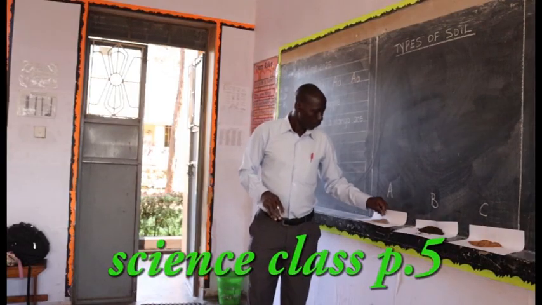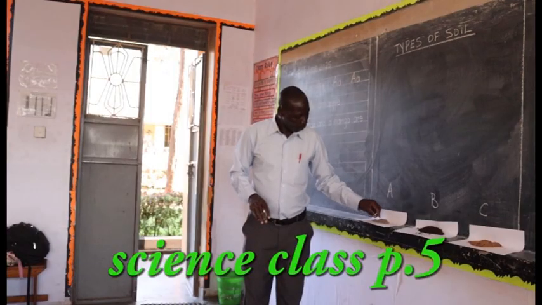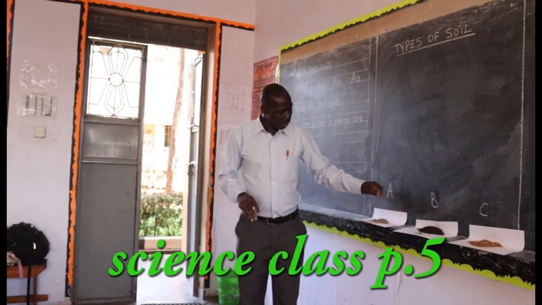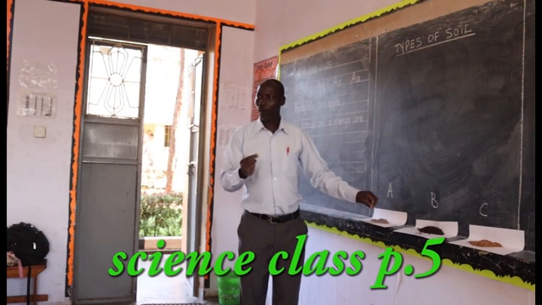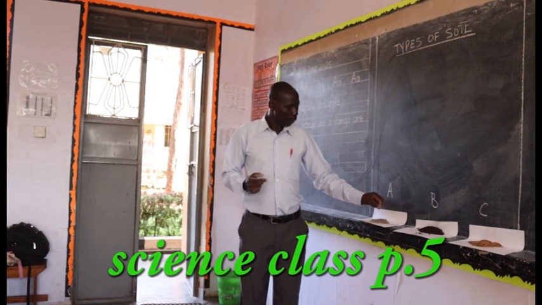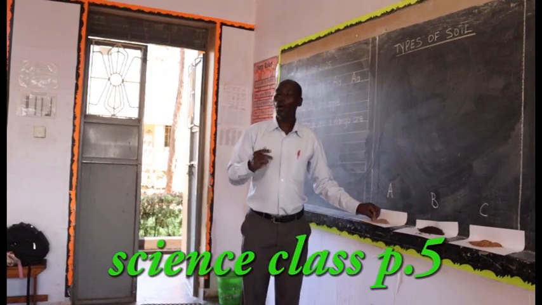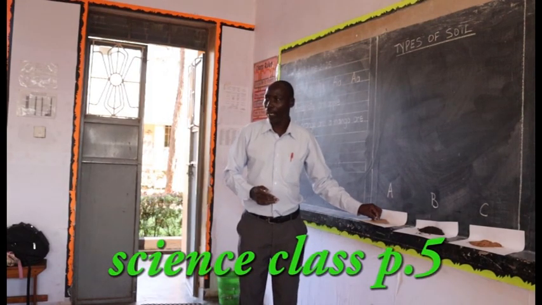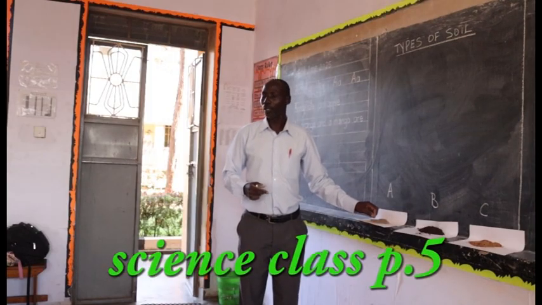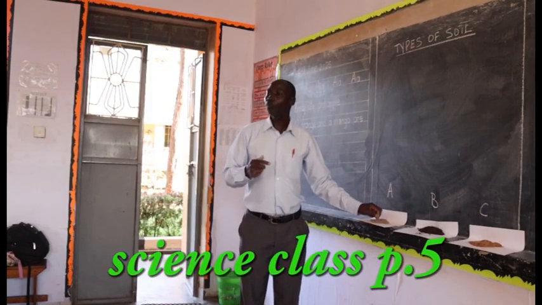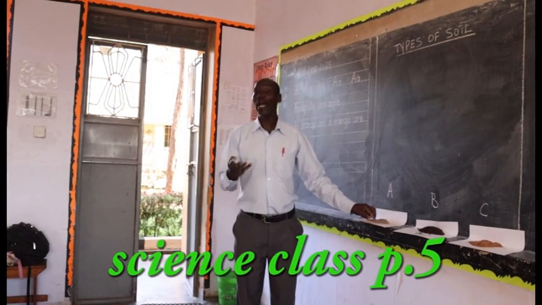Then clay soil here has got fine particles. Clay soil has got fine what? Particles. They are very fine. This makes it able for us to use for making pots or for modeling. We use it in ceramic work, like making the pots, the plates, and cups, and also for making tiles.